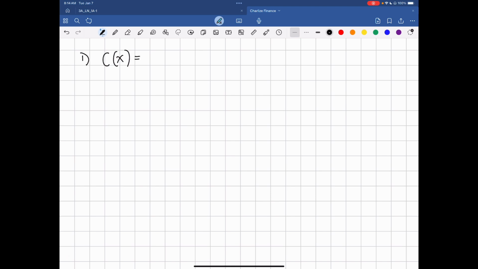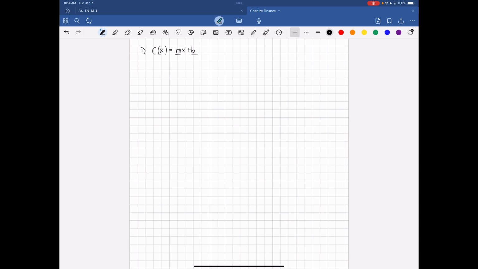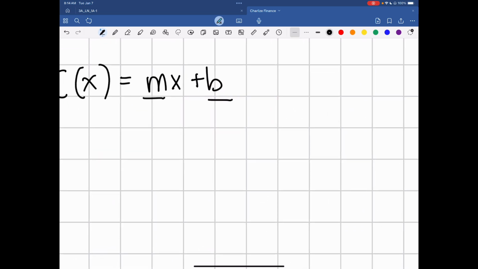which is why this example can be modeled by a linear function. It would be similar to y equals mx plus b, where m is the slope and b is the intercept. But if you were to interpret it in the context of this question, m is the rate of price as the pianos increase.